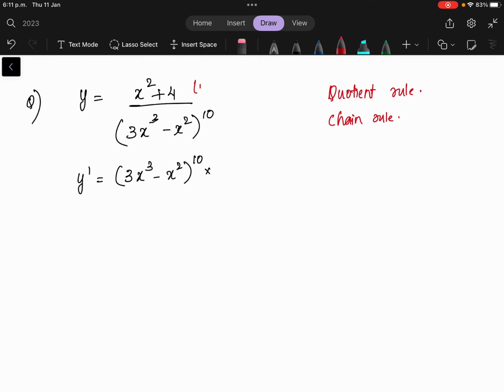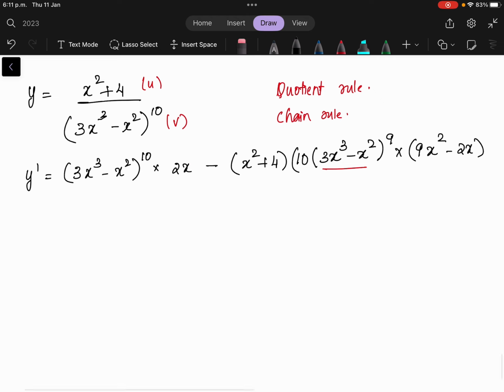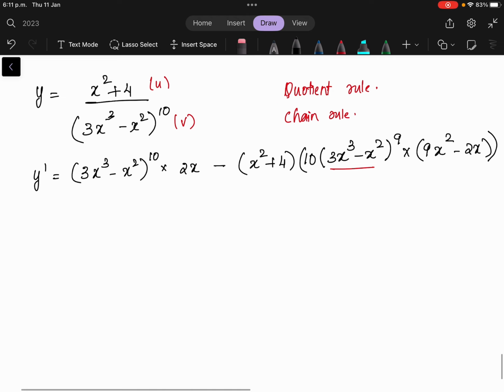For understanding, I will just write u and v here. du by dx, which is the numerator, is 2x, then minus u times, which is (x square plus 4), and dv by dx, which is 10 times (3x cube minus x square) to the power of 9 times, since it is not x, you have to differentiate this again, so it is 9x square minus 2x. So always remember to put the proper brackets, because otherwise we will make mistakes.